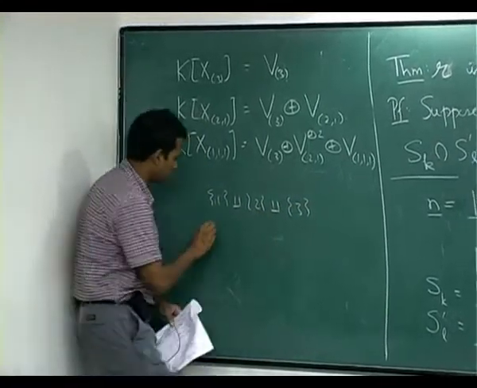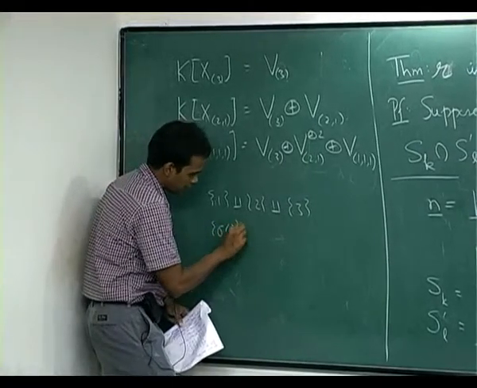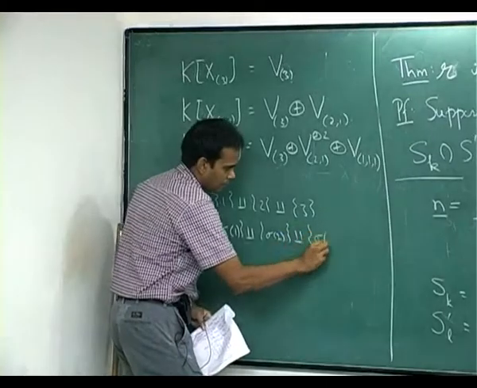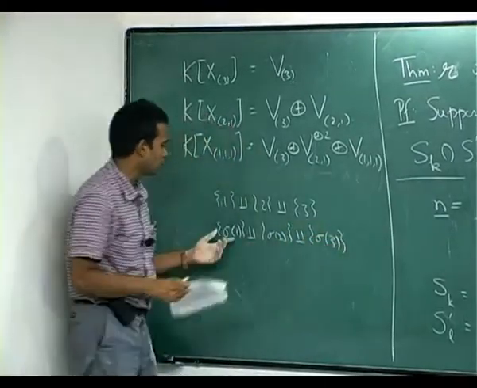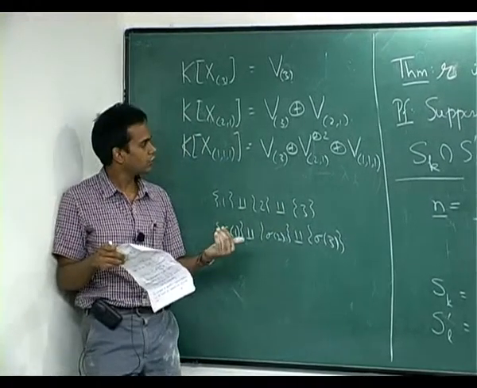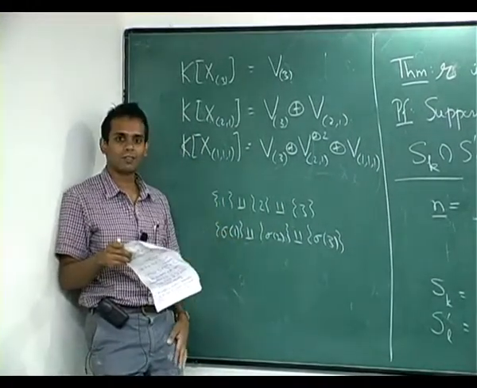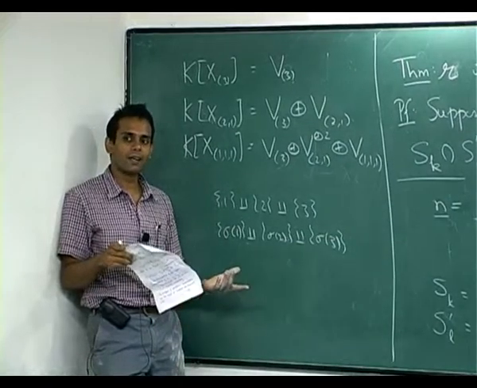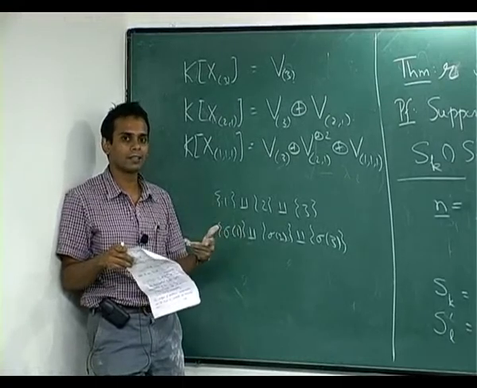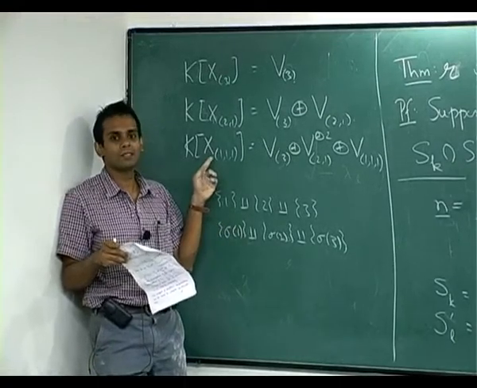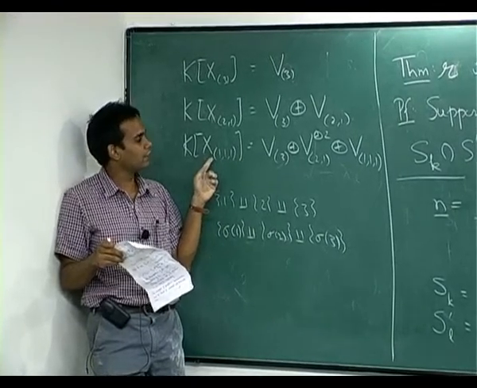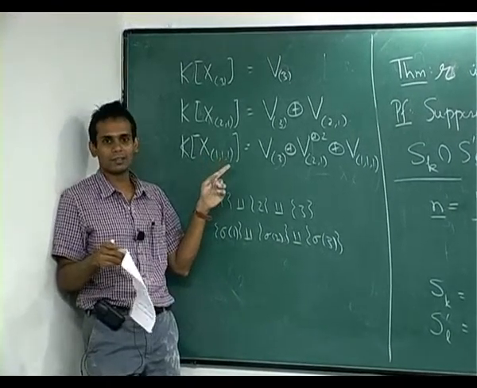So sigma 1, sigma 2, sigma 3. So sigma goes to sigma 1 disjoint union sigma 2 disjoint union sigma 3 gives a bijection between Sn and x111. And this is in fact a bijection of Sn sets. It preserves the Sn action. So this is nothing but the regular representation of S3. So we've actually calculated the decomposition of the regular representation of S3.